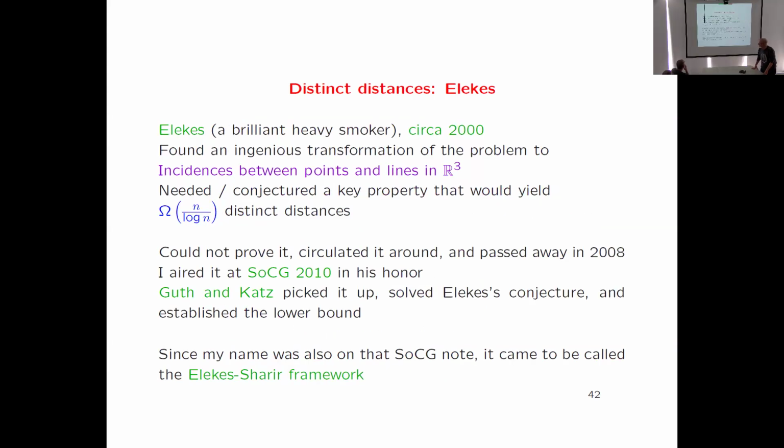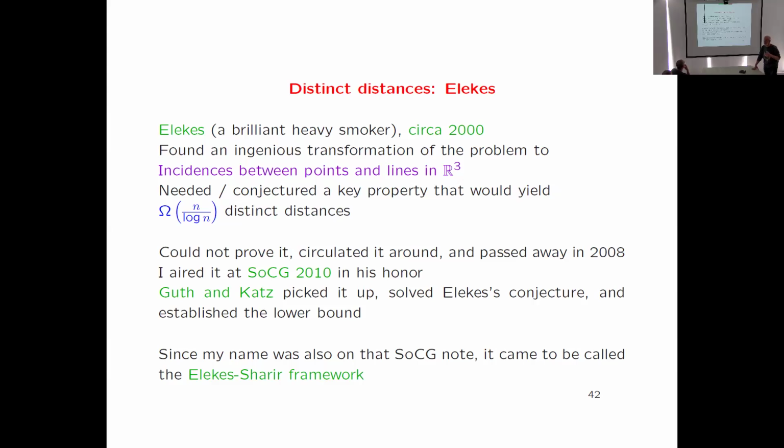And then comes, so of course, Guth and Katz deserve all the credit, but the person in the story I like best is Elekes, Yuri Elekes, a Hungarian, very brilliant and very heavy smoker, which actually caused the first line in the second paragraph.